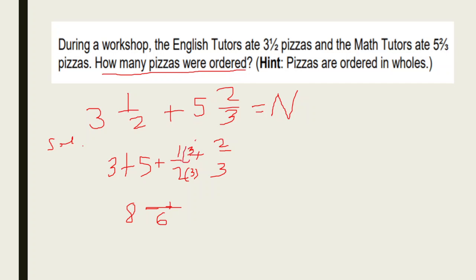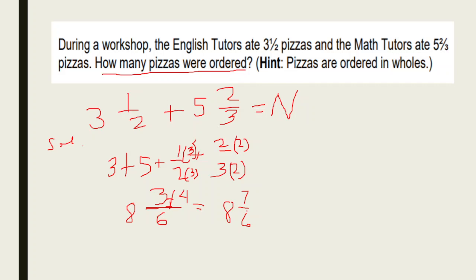So, 1 times 3 is 3. So, plus. Since 3, how many 3 goes into 6 is 2. So, you will multiply the numerator by also 2. So, 2 times 2 is 4. So, you will have 8, 3 plus 4 is 7 over 6.